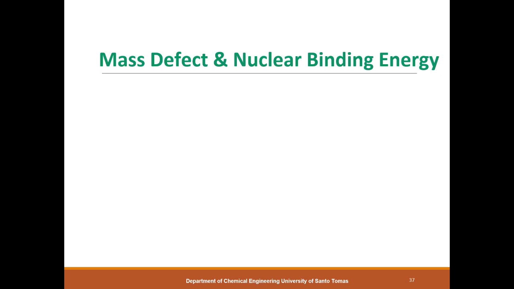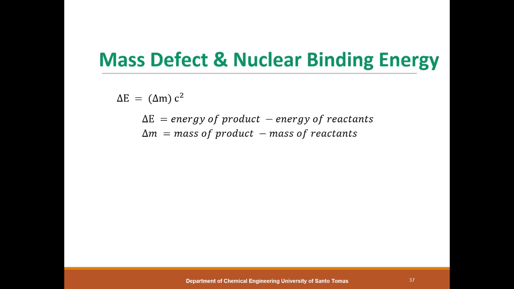We can calculate the amount of energy released by writing delta E is equal to delta m times c squared, where delta E and delta m are defined as follows. Delta E is equal to the energy of the product minus the energy of the reactants, and delta m is the mass of the product minus the mass of the reactants.